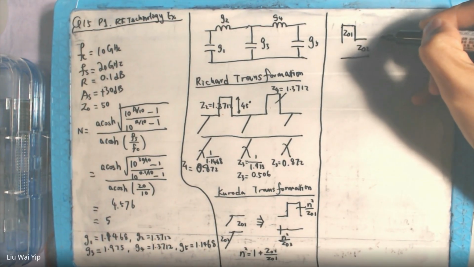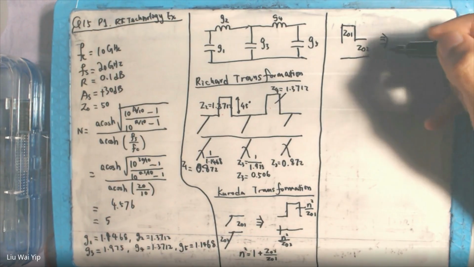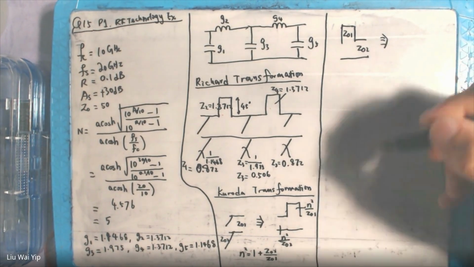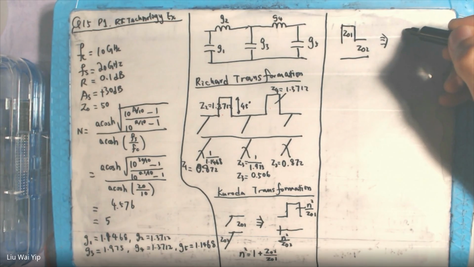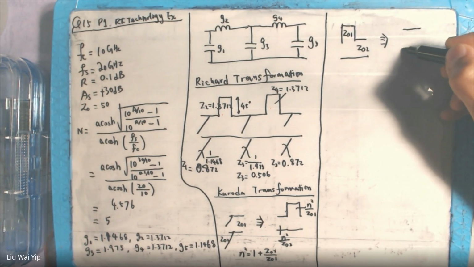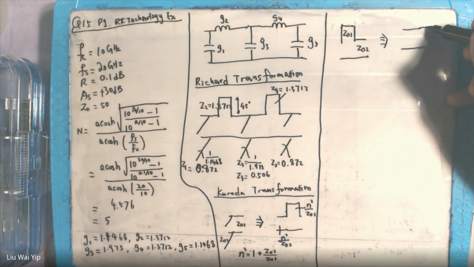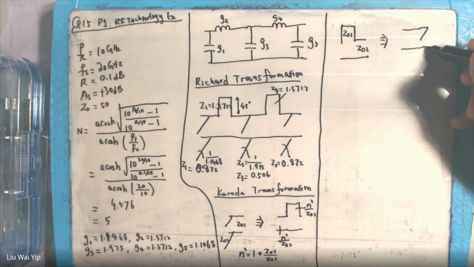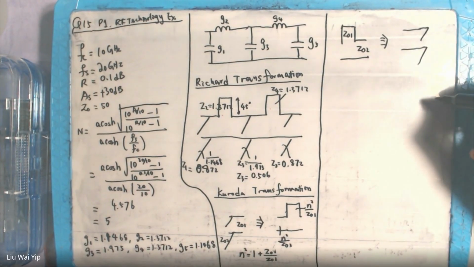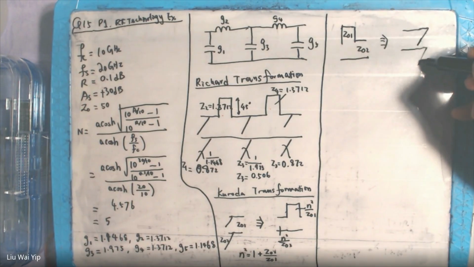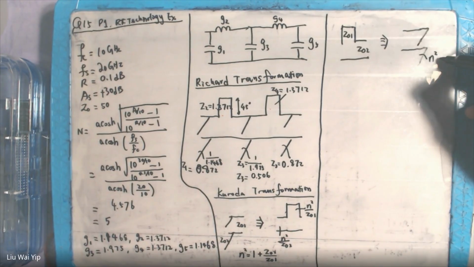You can immediately transform it into a line and then a transmission line. So it's an open circuit stub. The impedance here is N square Z02.